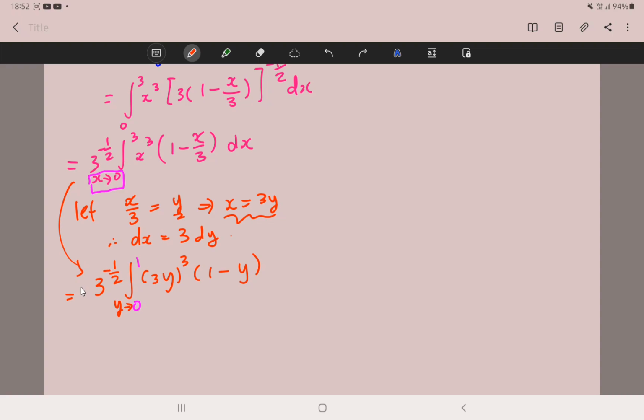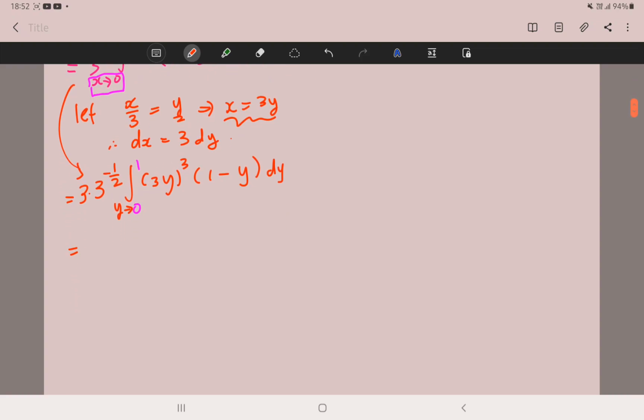So I put the 3 in front. Let's do the simplification. This is 3 to the power of 3, so we have 3 times 3 to the power of minus half times 3 to the power of 3. Altogether this is 3 to the power of 4 times 3 to the power of minus half, which is 3 to the power of 7 over 2.